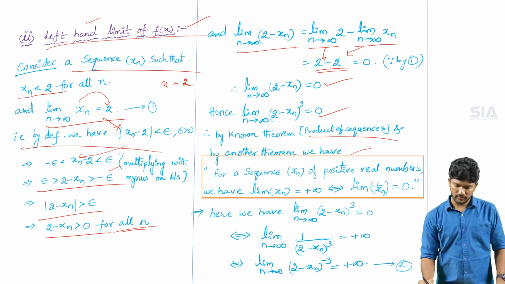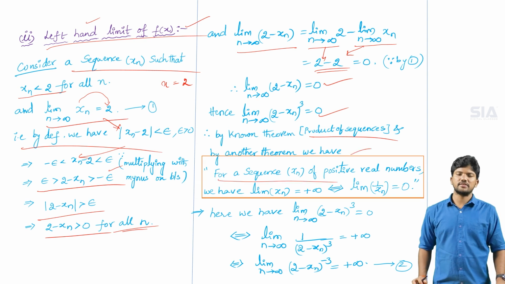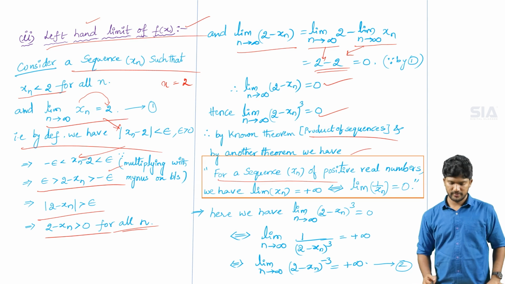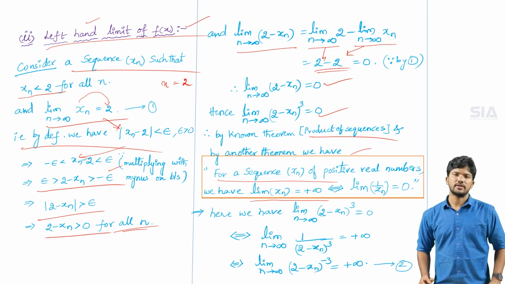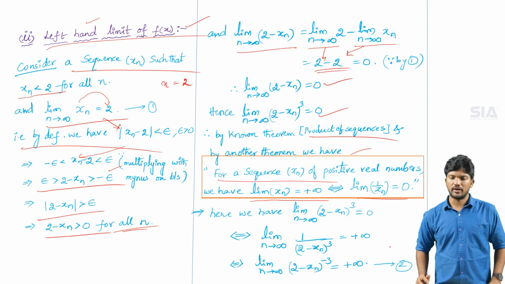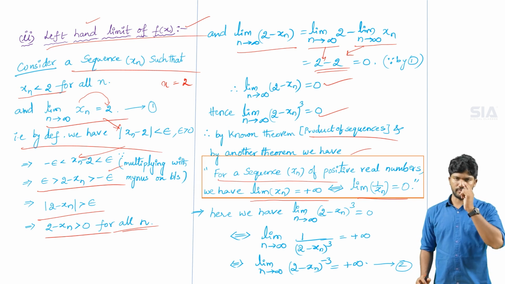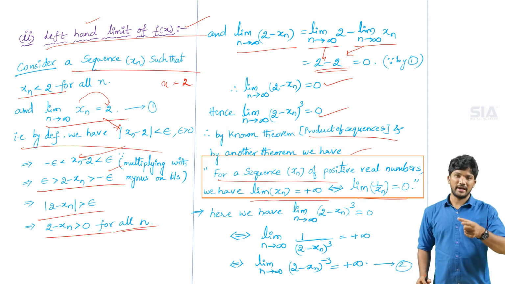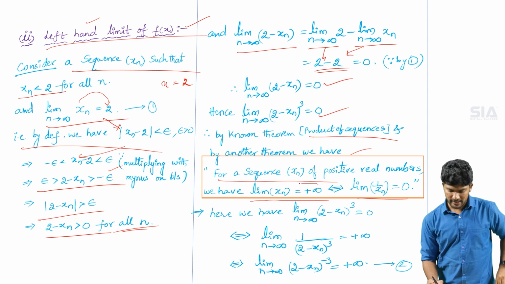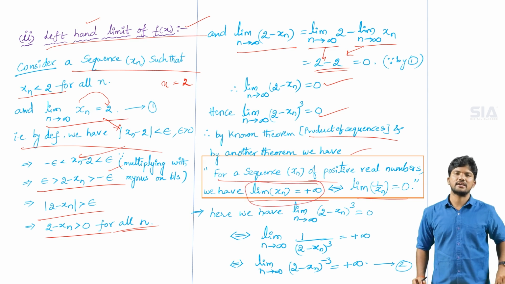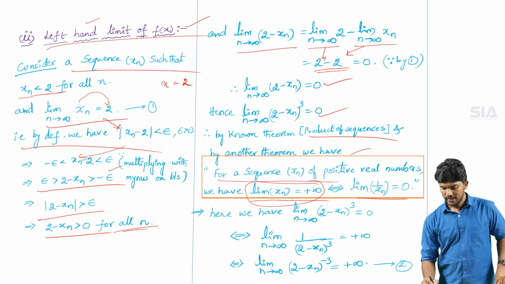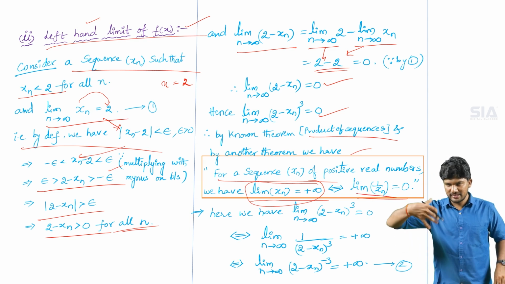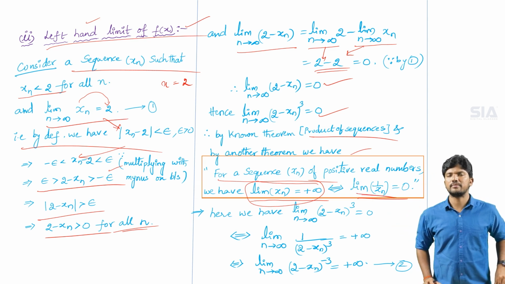And by another theorem we have, for a sequence x suffix n of positive real numbers, limit x suffix n is equal to plus infinity if and only if limit 1 by x suffix n is equal to 0 by the known theorem. Okay, whenever the limit of the sequence diverges, the limit of the sequence is plus infinity, then if you take the reversal of the limit of the sequence, that value will become 0.